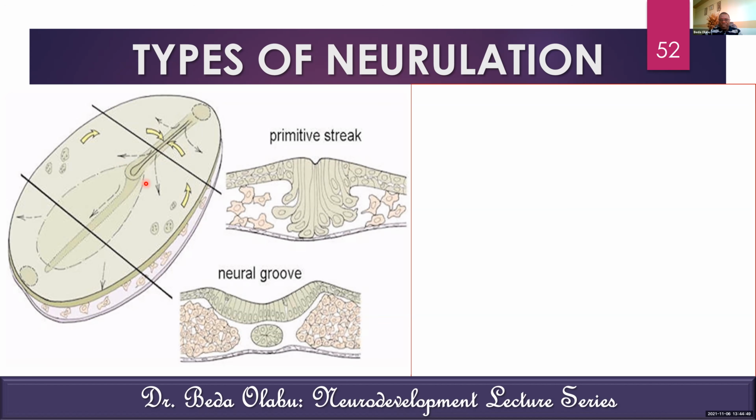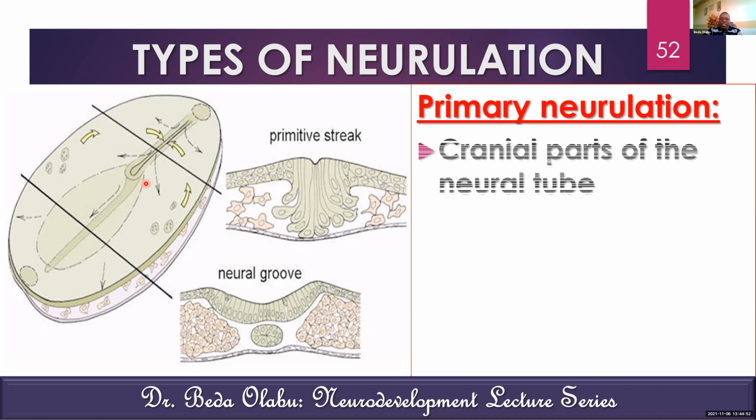That is why we have 2 types of neurulation. Primary neurulation refers to formation of the neural tube on the cranial end of the baby, and that one relies on the presence of the notochord. So we call it neurulation by notochordal induction.